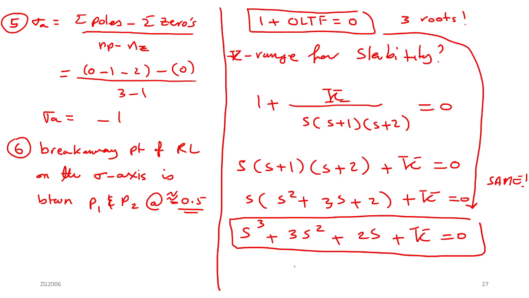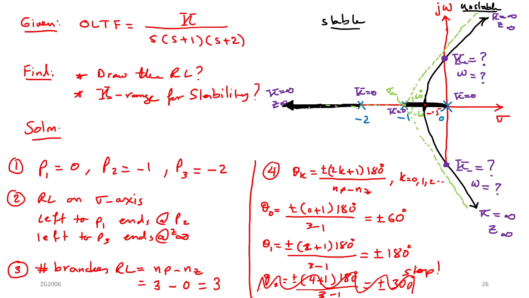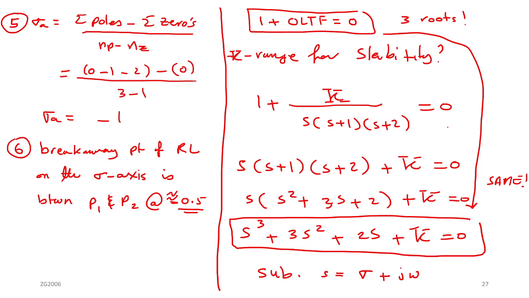All right, what we're going to do now, we're going to substitute S equal to, remember what is S? Sigma plus J omega, right? How much omega here at this axis? Omega equal to 0. So you're going to substitute omega equal to 0. Substitute only J omega.